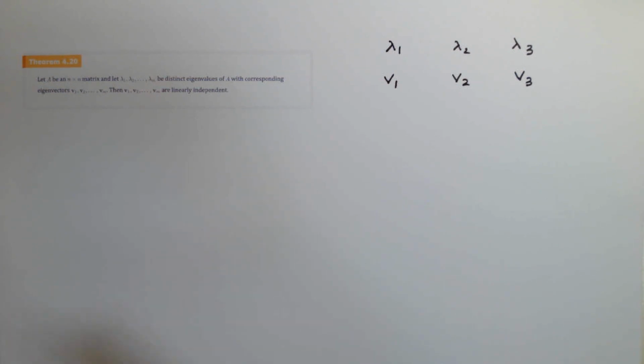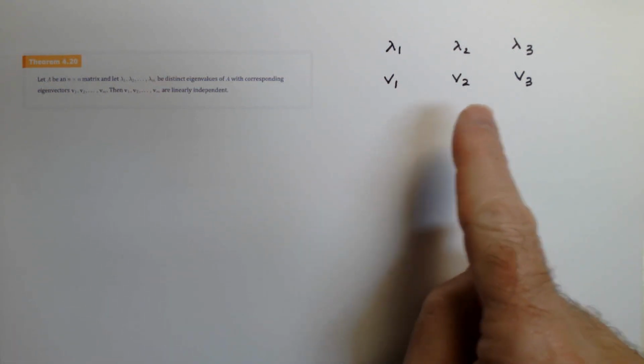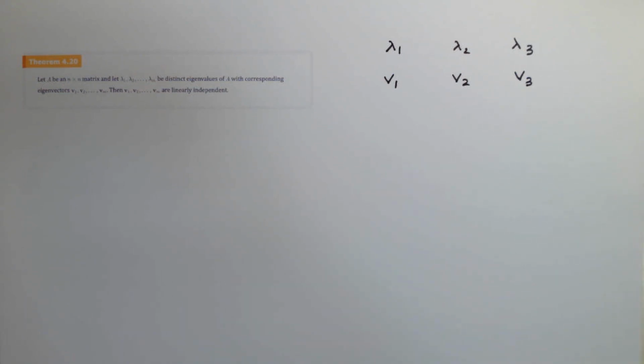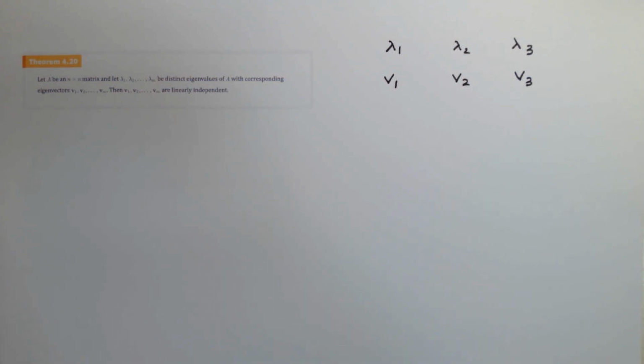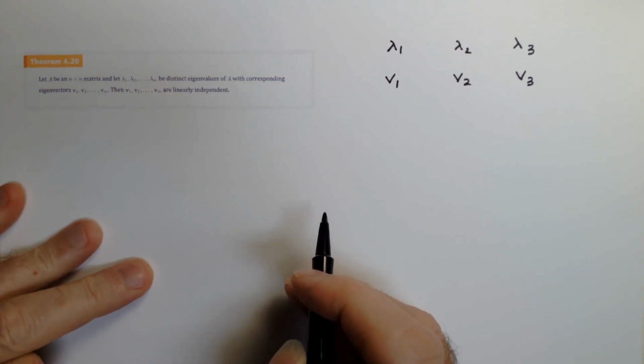And so what we're going to do is just do the usual thing. We're going to look at a linear combination of v1, v2, and v3, set it equal to the zero vector, and show that we're forced to use the trivial coefficients. In other words, the only way to span the zero vector with v1, v2, and v3 is to use trivial coefficients. All right, so let's call the coefficients a1, a2, and a3.